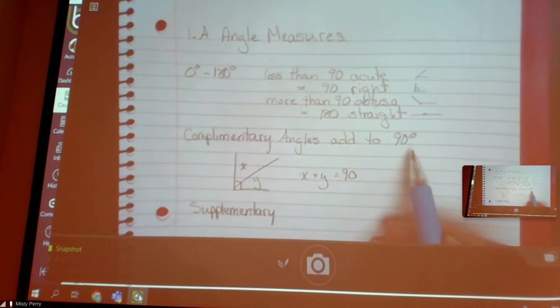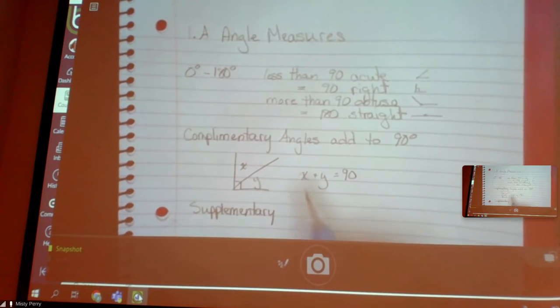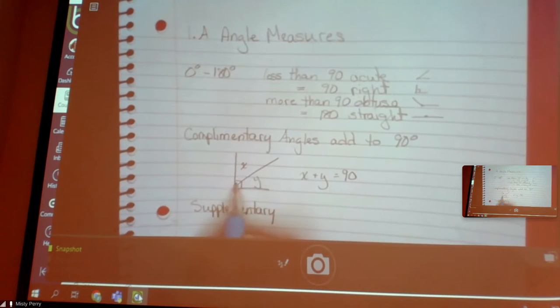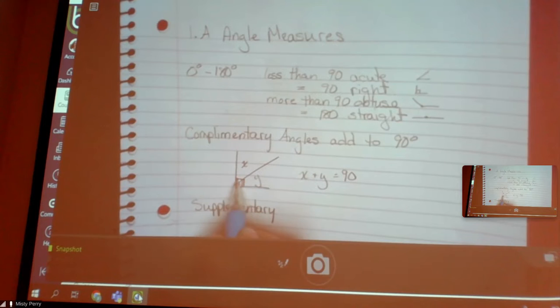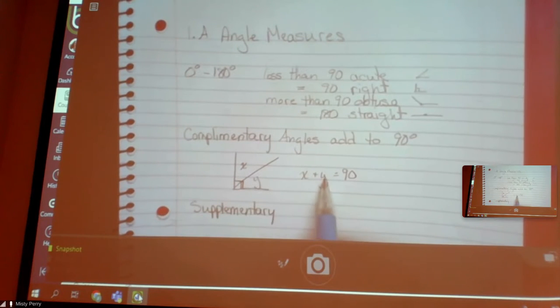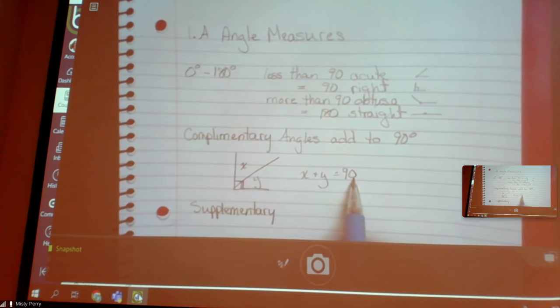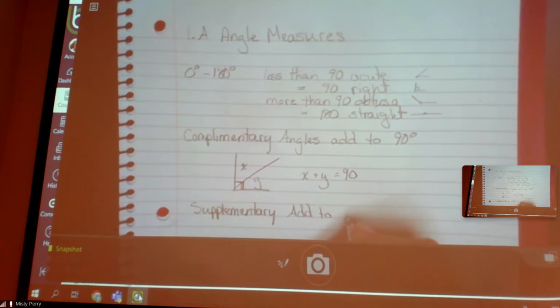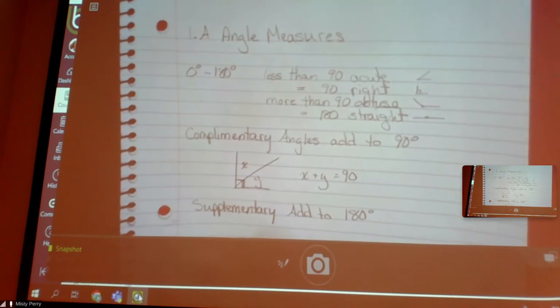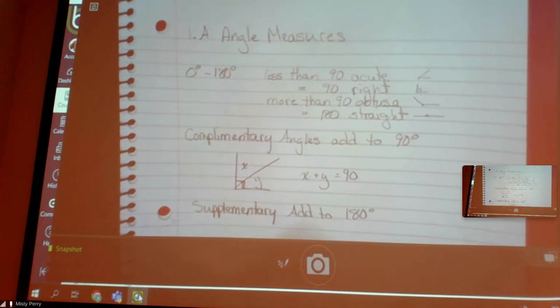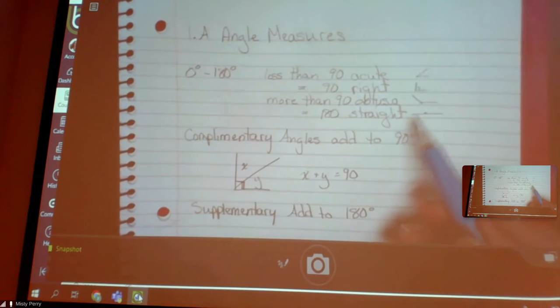Complementary angles add to 90. So if I have angle X and angle Y, I know this is 90 because of this little square here. So I know my X and my Y will equal 90. For supplementary, they add to 180. So when these add together, remember the straight angle?